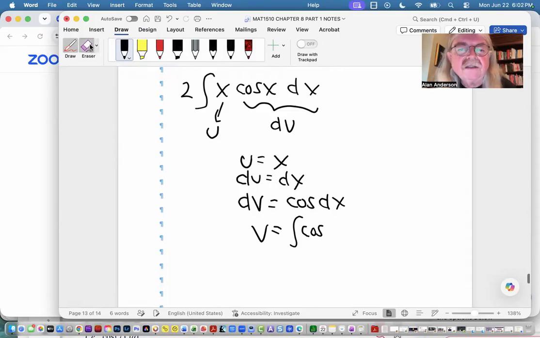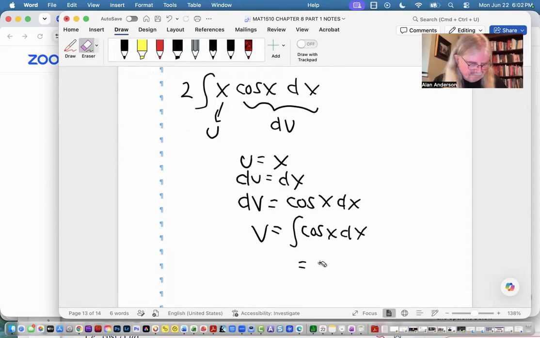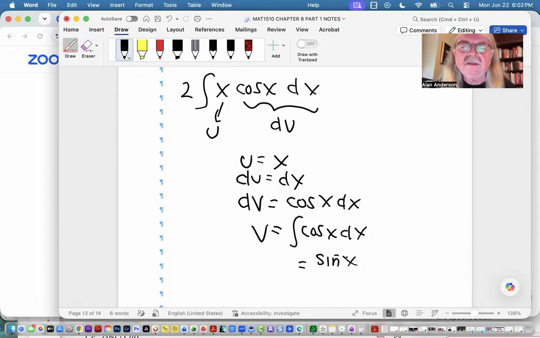Oops, sorry, that's cosine x dx. And so when you integrate cosine, you're going to get sine x. And remember, we're saving the constant for later.